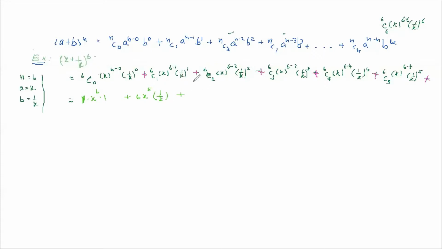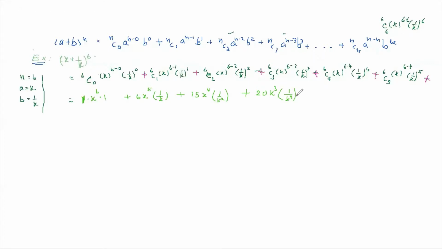Plus this term 6C2. You can use the calculator. 6C2 equals 15, so 15, then x power 4 times 1 over x power 2. Plus 6C3, again you can use the calculator, is 20, x power 3 times 1 over x power 3.